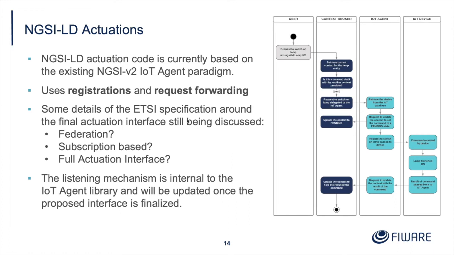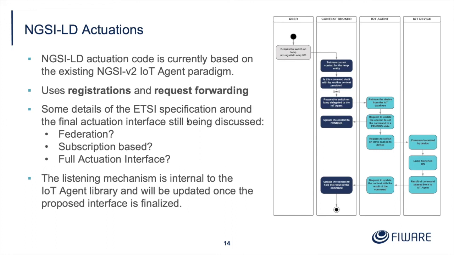This means that when something happens on the context broker, the IoT agent has registered its interest, saying, hey, I want to be told about that attribute, or that I control that attribute, and there is request forwarding. It will then forward data into my IoT agent, who will say, hey, I know what this lamp is, or I know what this device is, I can deal with it.